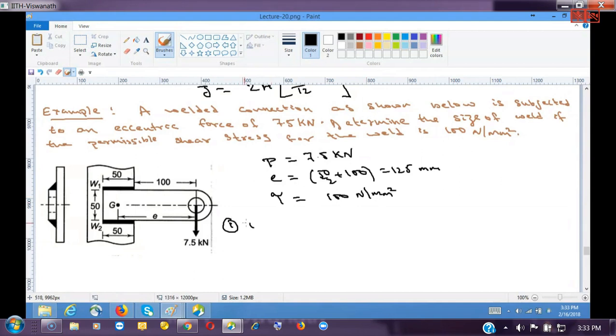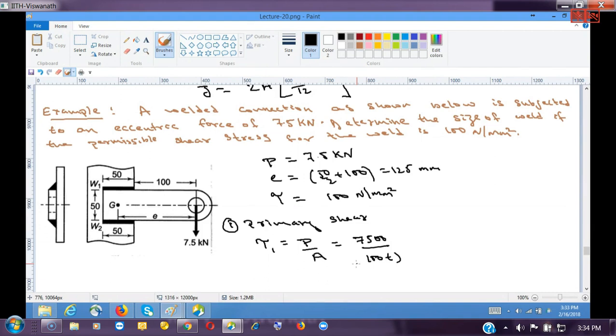First is primary shear. Primary shear tau 1 is equal to P by A, that is 7,500 divided by 100, the area, because it is 50 and 50 and the throat thickness would be T. So this gives 75 by T Newton per mm square.